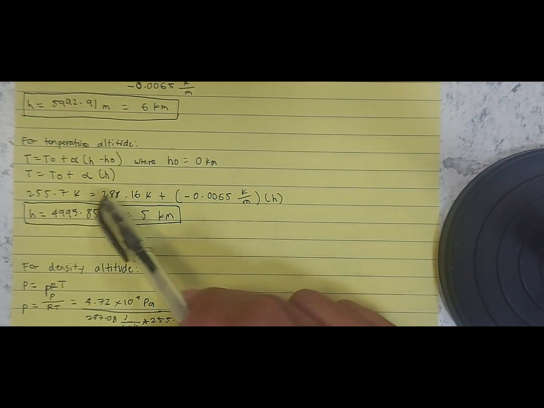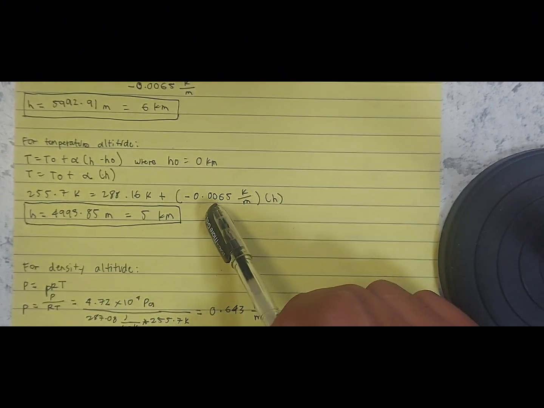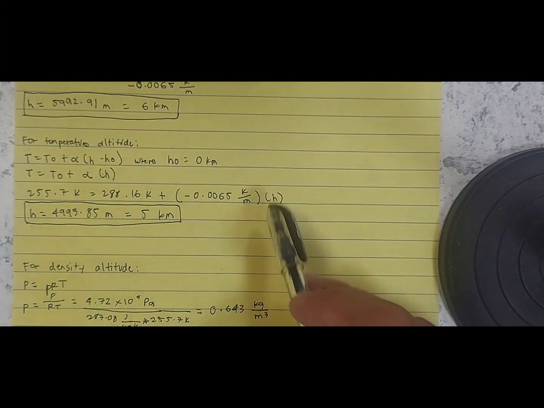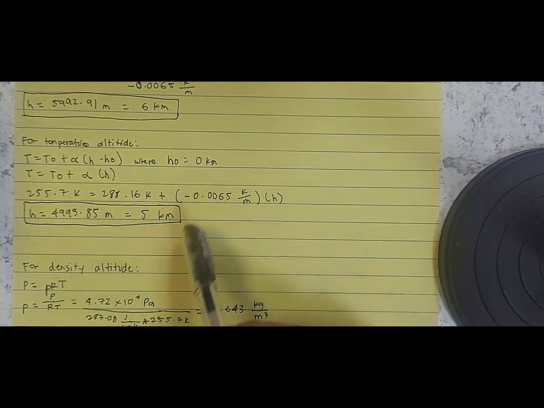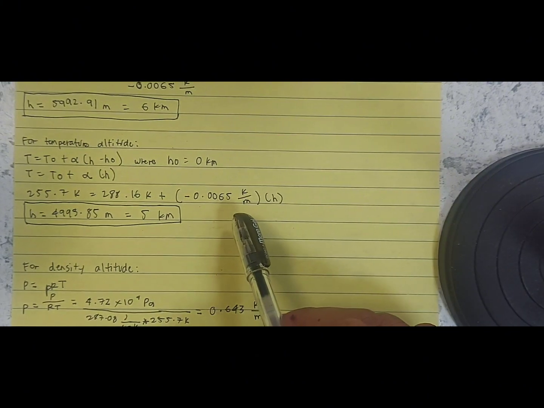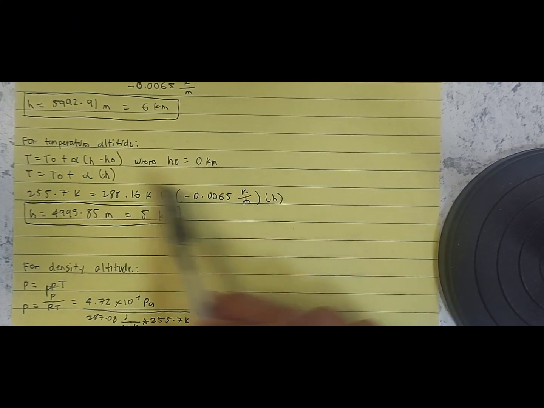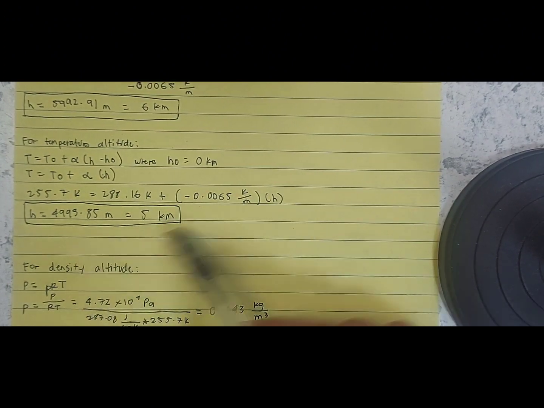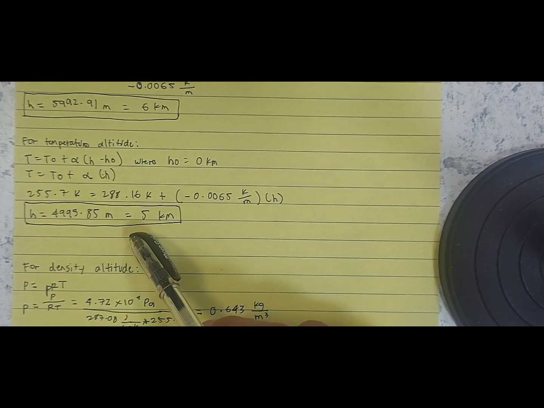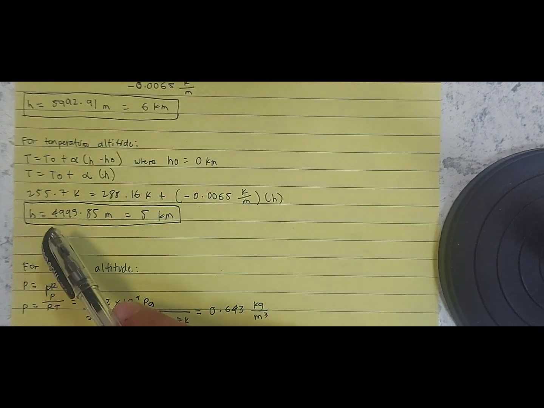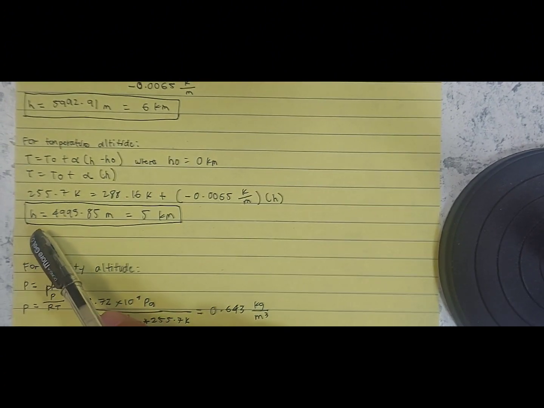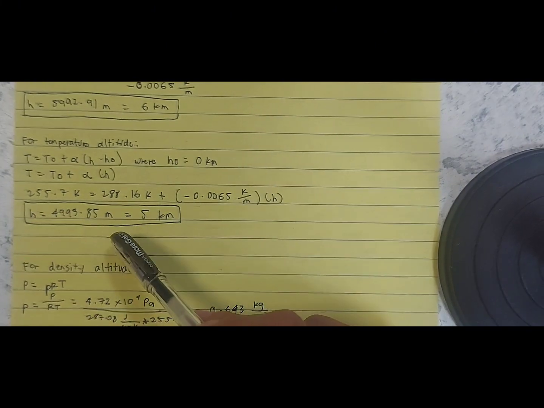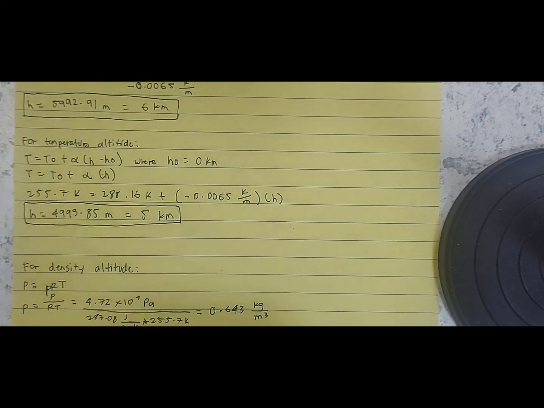And then yung lapse rate natin would be negative 0.0065. Then h is the unknown. We can solve it. Pag nalagyan na lahat ng given, you can solve it sa scientific calculator, and lalabas na ang temperature altitude will be 4,993.85 meters, which is equivalent to 5 kilometers.